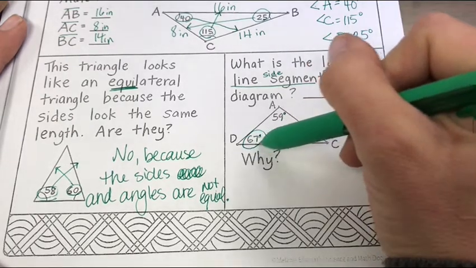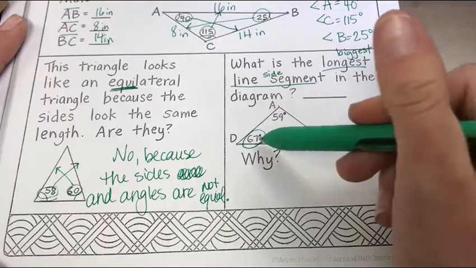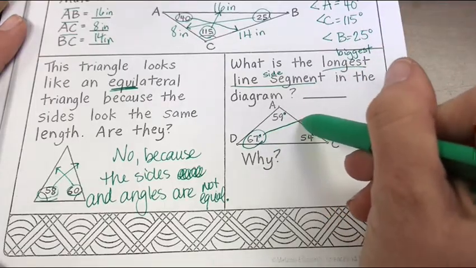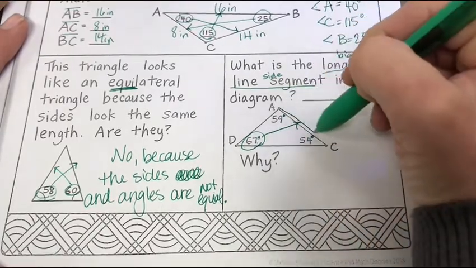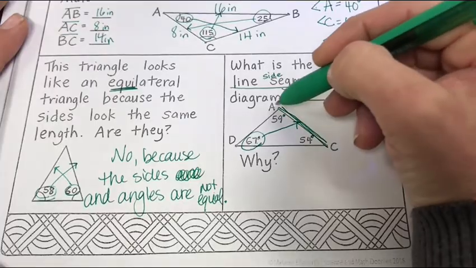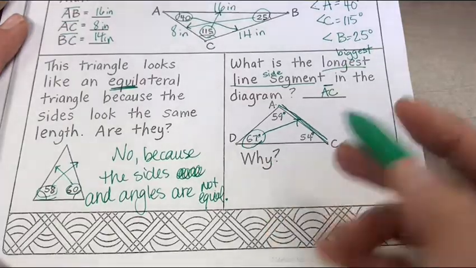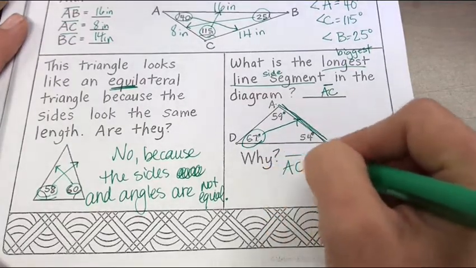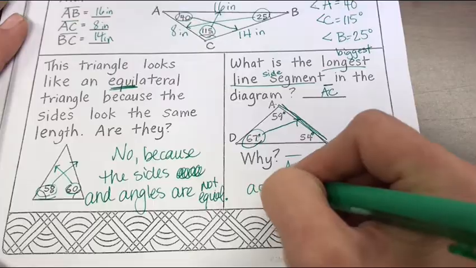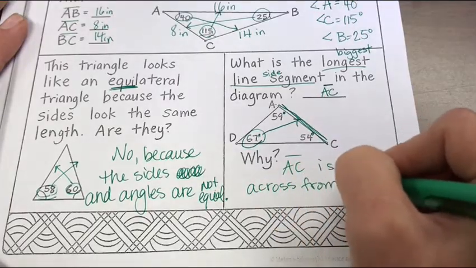So since this is the largest or the biggest angle out of these three, we're going to go straight across. So what side is going to be the longest? It's going to be AC. Why? Because AC is across from the biggest angle.